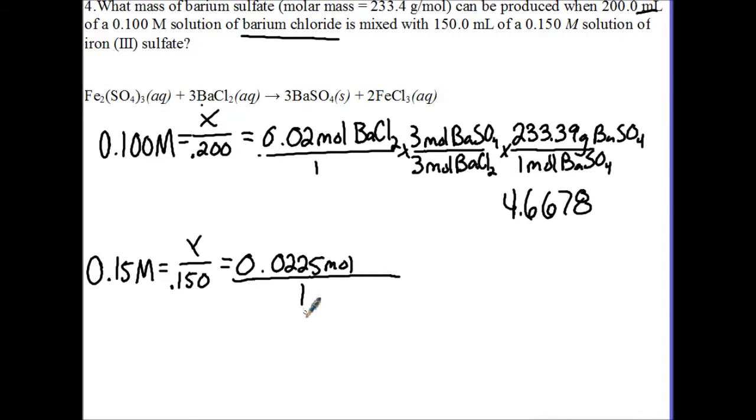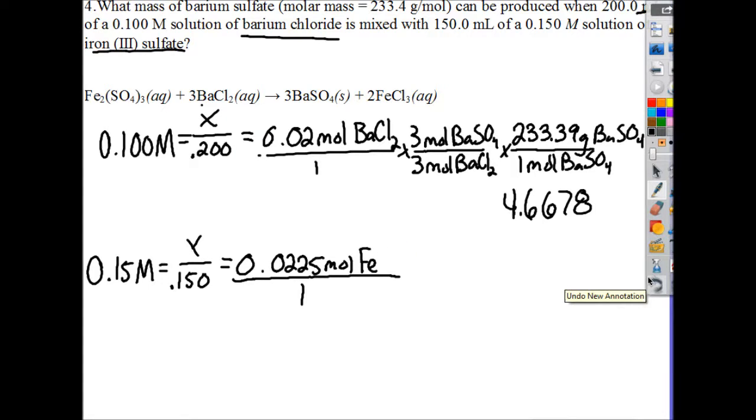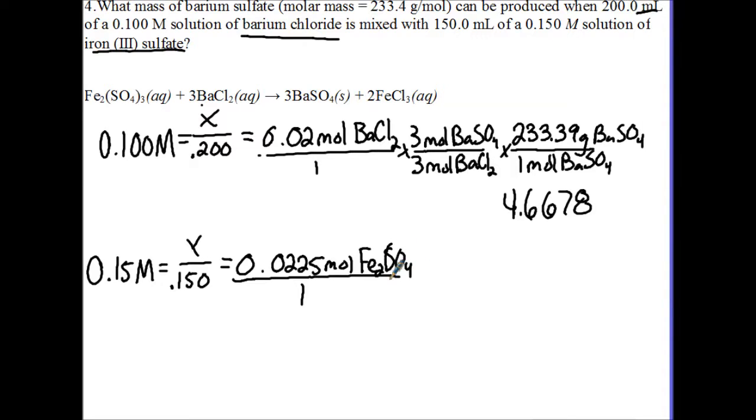So this one was for iron 3 sulfate. Okay, in this one we have 1 mole of iron 3 sulfate for every 3 moles of barium sulfate.